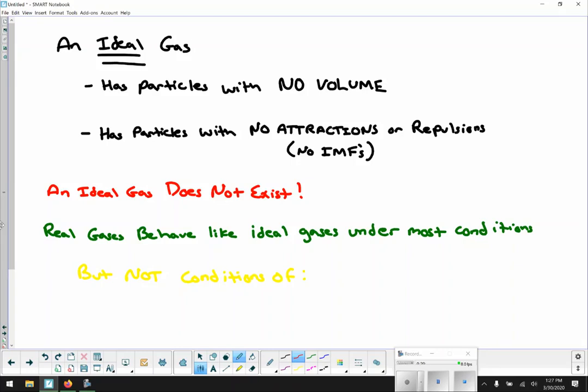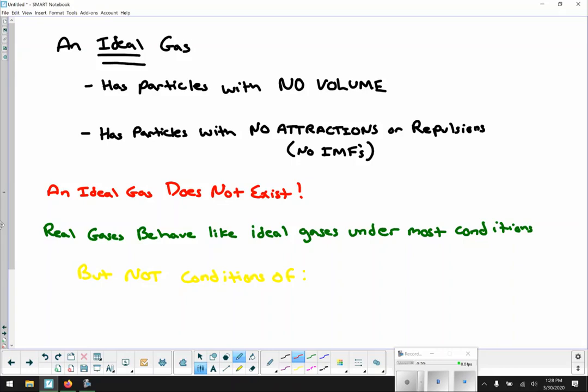Though technically, it is just an ideal gas estimate, because the particles do have volume, though it's mathematically negligible in most cases, and they do have attractions and repulsions, which again, under most situations, are so small as to pretty much not matter.